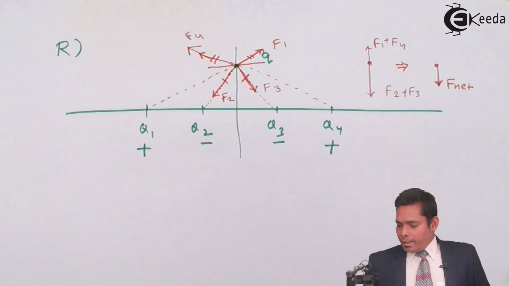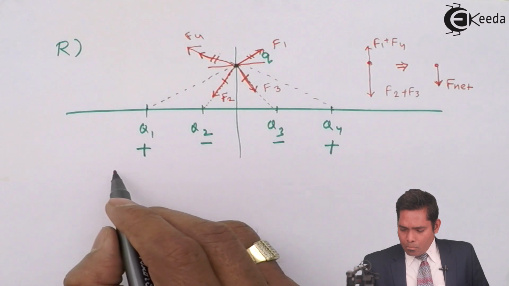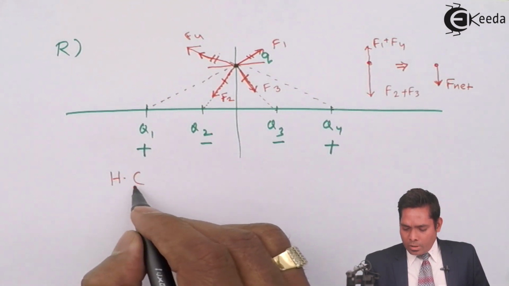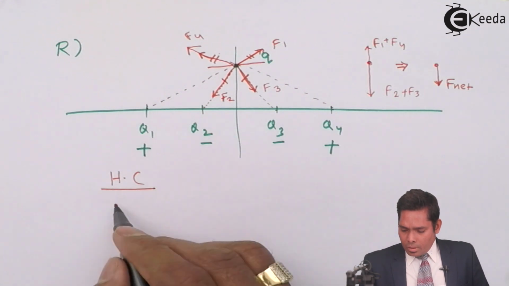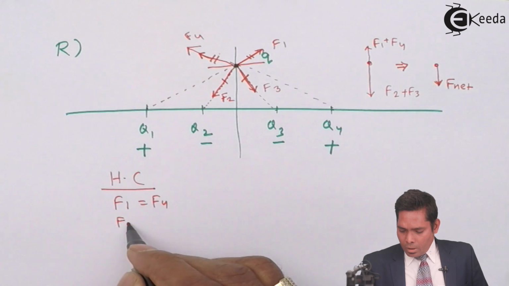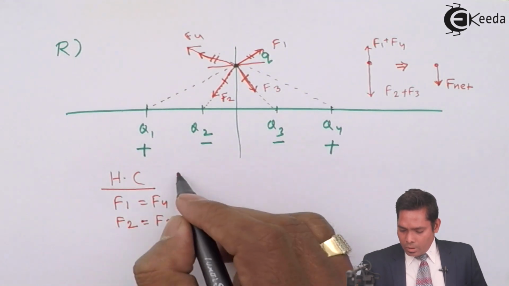So finally, as far as the horizontal component is concerned, F1 will cancel F4, and F2 will cancel F3. They will cancel.